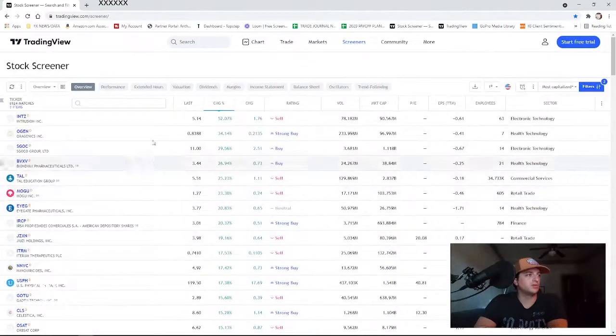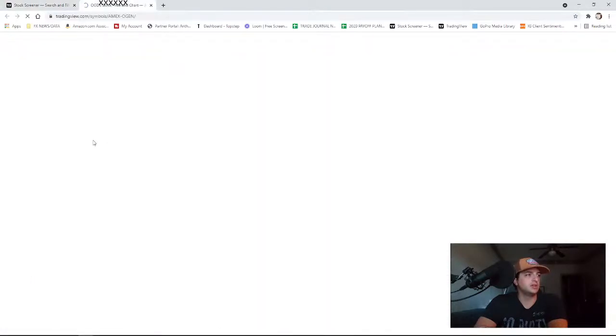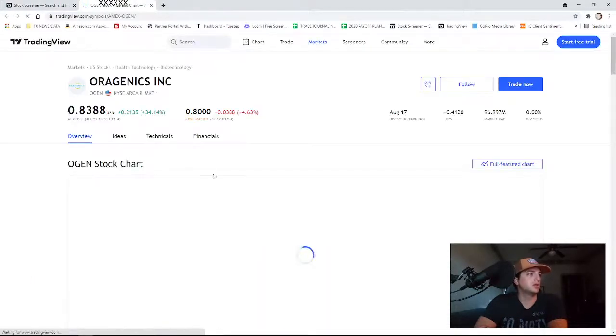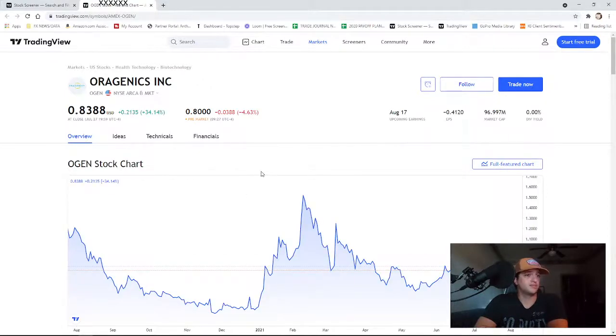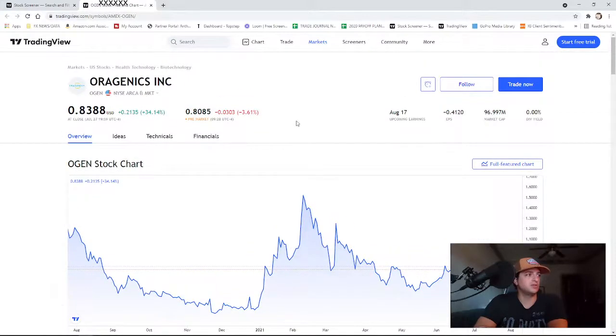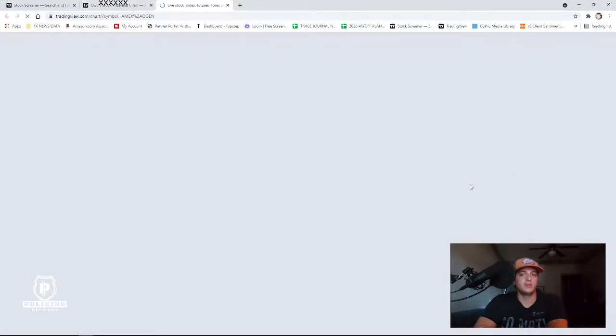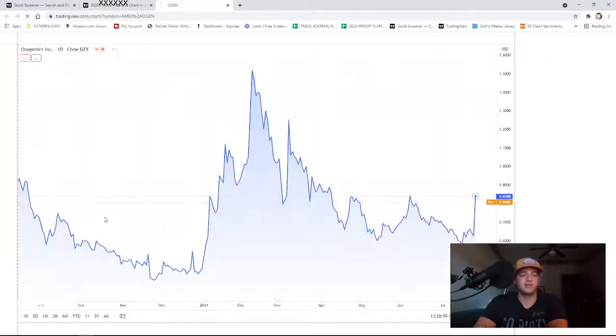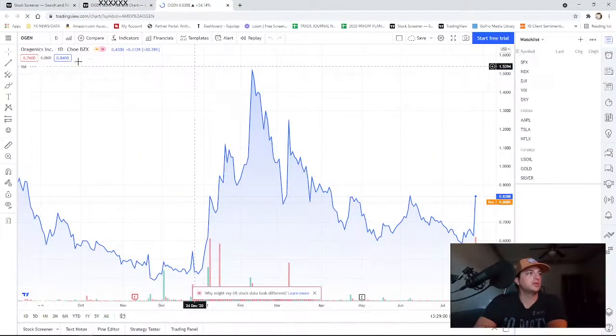So if we go, we can just check its chart, OGEN, I don't know what this is, or Origenics, penny stock. So you could look to see what, we got a big move up here, see where it's going to open, if it's going to have continued on the volume. TradingView is super useful. If you don't have it, get it and start using it.